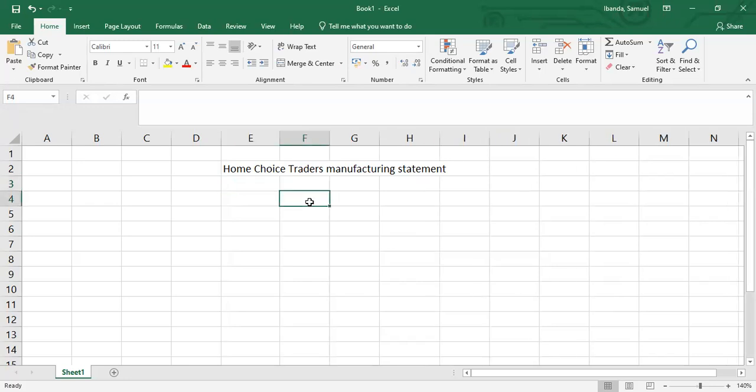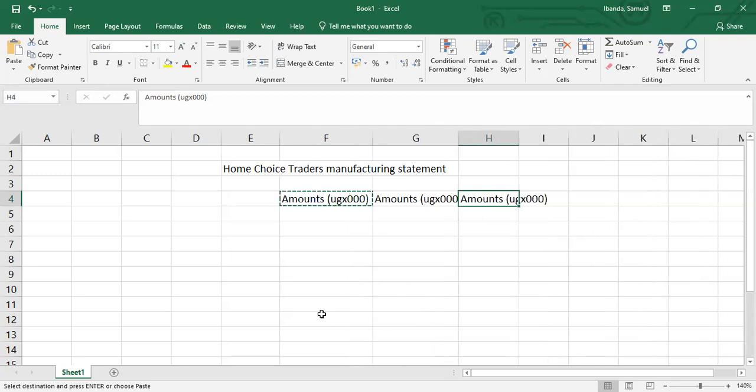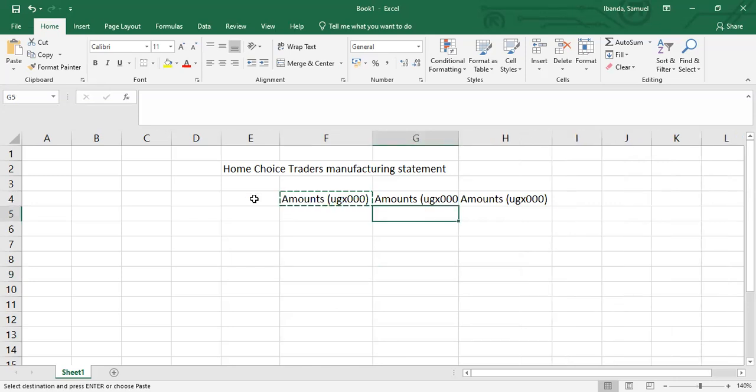We can have amounts in thousands, in UGX, thousands in each of the columns. So I'm just trying to do some organizing of my work.